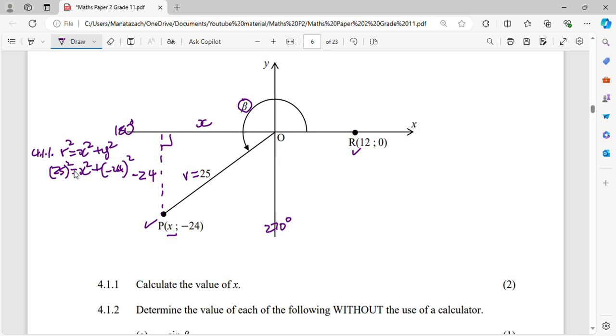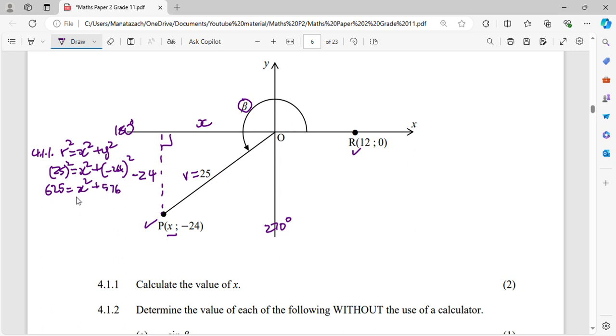So 25 squared gives you 625 plus x squared, then minus 24 squared, that will give us 576.